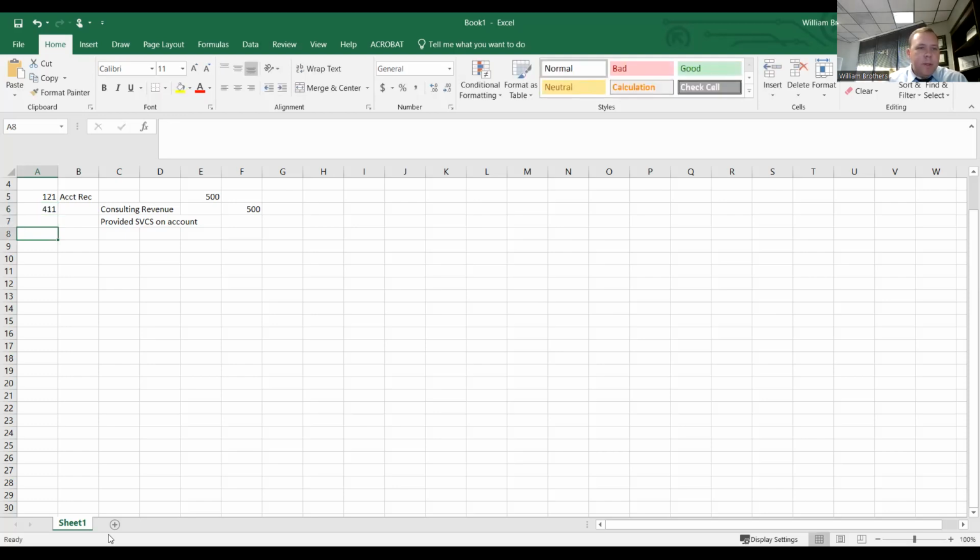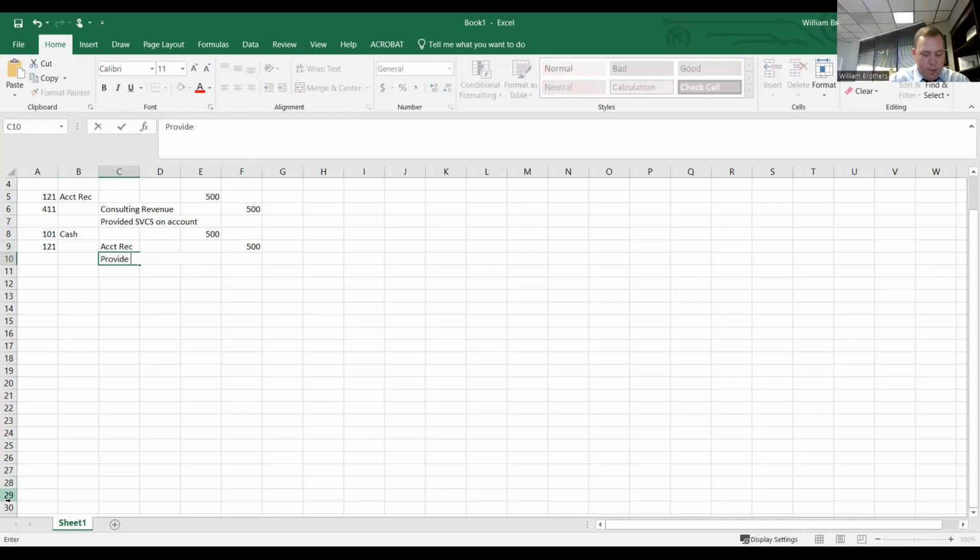Okay. Let's go forward with another example, and let's assume that the customer that I provided service to comes back and says they want to pay off the amount that they owe. How I would recognize that is I would have a debit to cash for $500, and then I'm going to credit the receivable, also for $500.